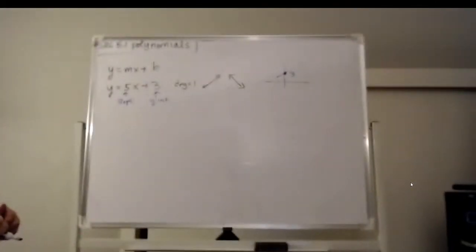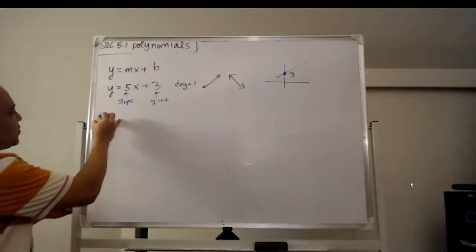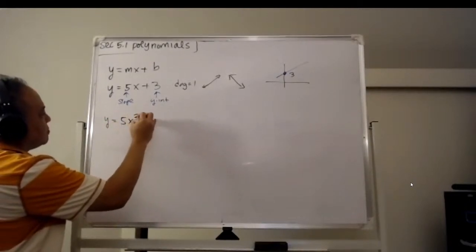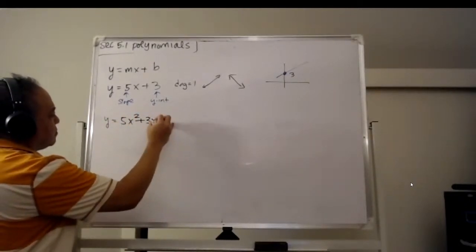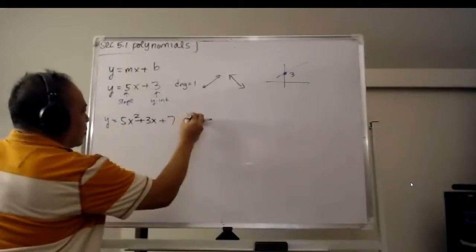See, the whole point of us naming these things is to give you the easiest, most important information as fast as possible. So let's look at something like this. So that's degree equal to 2.